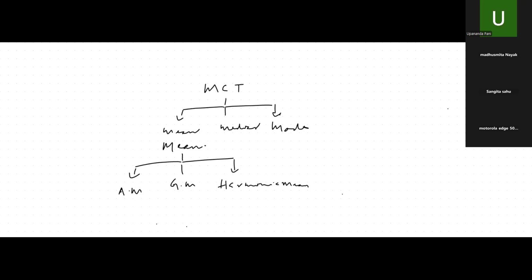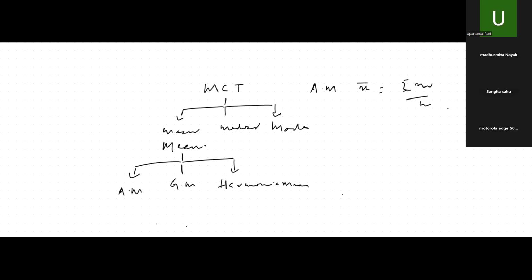So rather what I will be writing is just I will quickly write the arithmetic mean formula. That is simple: x bar is equal to summation xi upon n.